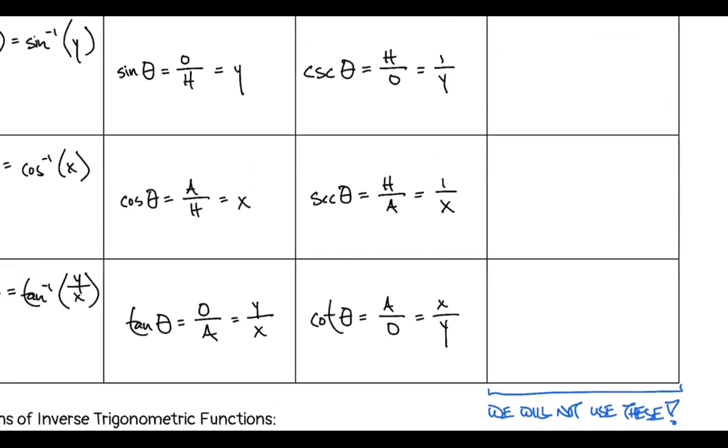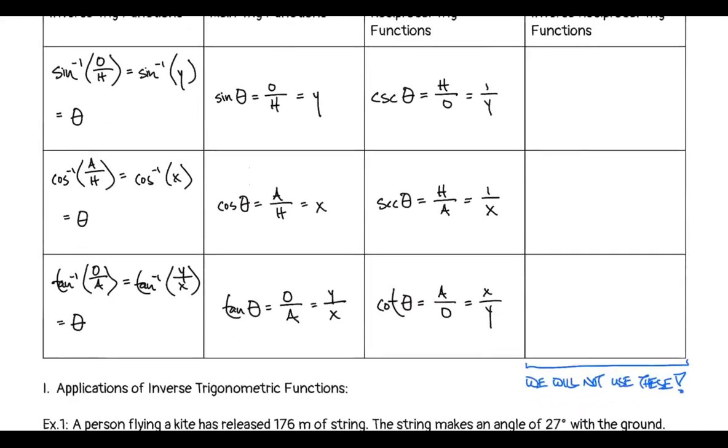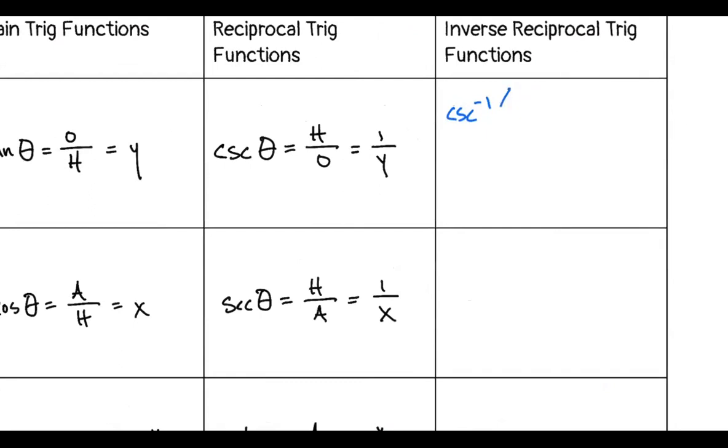In fact, I'm not really sure that I've ever seen it used in practice, but conceptually it exists. And so I felt like it was necessary to talk about. But we could write inverse cosecant, like that's a thing, and it would be hypotenuse over opposite. Or we could say inverse cosecant of 1 over y. And either way, my answer would be an angle.